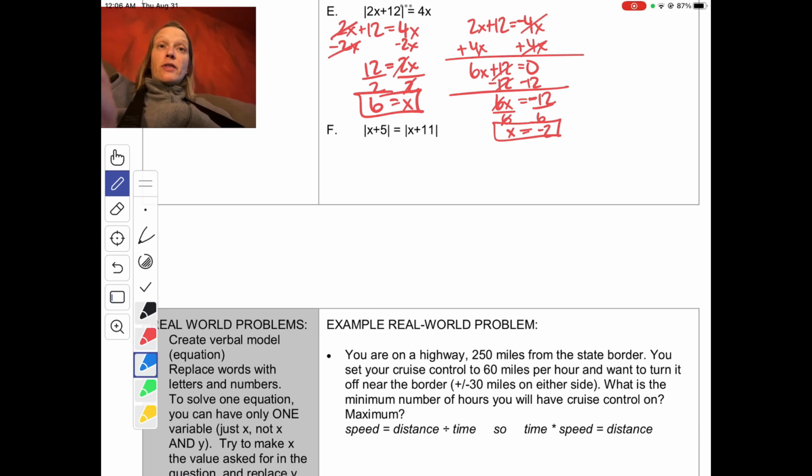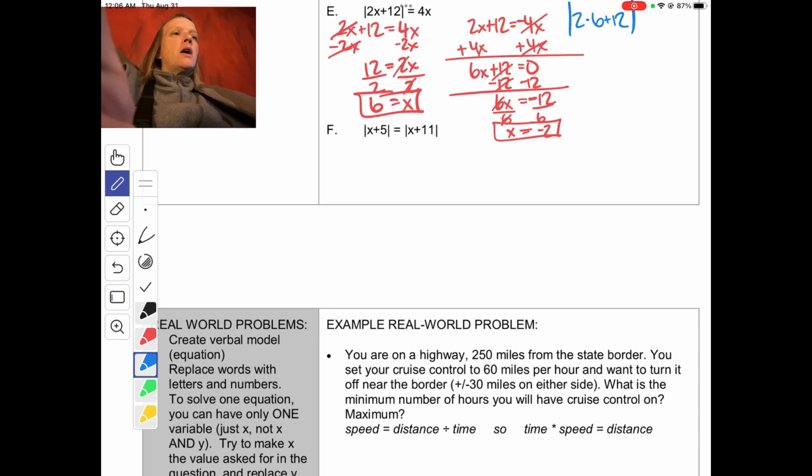So let's check the answers to our problems and see if it makes sense. Let's try x equals 6 first. I plug that back into my original equation. 2 times 6 plus 12, and take the absolute value of that entire expression, equals 4x.